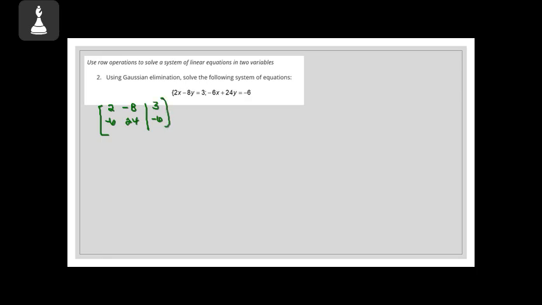Your first step is to get a 1 in this upper left spot. So in order to get a 1 there, I'm going to need to divide everything in this first row by 2. So divide everything through by 2.